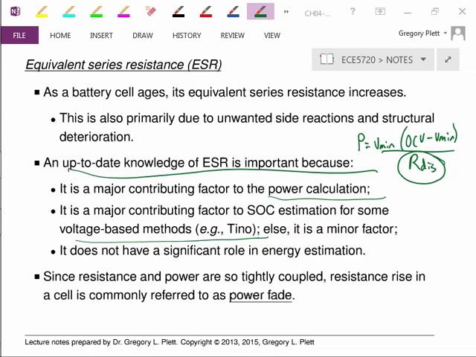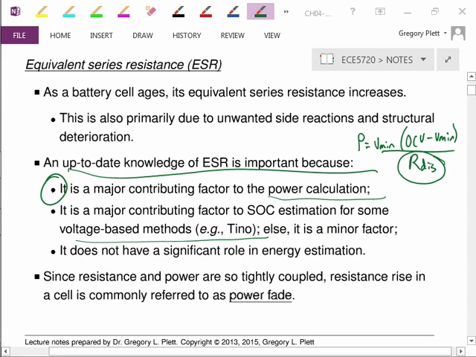With the Kalman filter methods, if you don't know resistance especially well, you can adjust the sigma V for the measurement noise to just be a little bit larger, so it looks like you've got more measurement error, and that can help to kind of detune the Kalman filter and still allow you to get good SOC estimates, even if you don't have a very good estimate of R0. It does not have a significant role in energy estimation. Really, there's no role at all in estimating the total energy of a battery pack. It's the power estimate where we really need to know resistance.